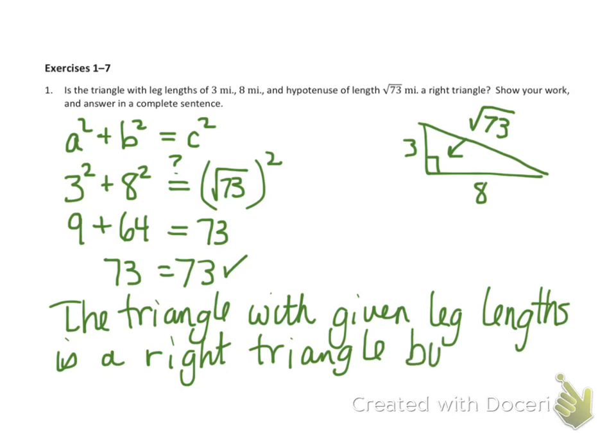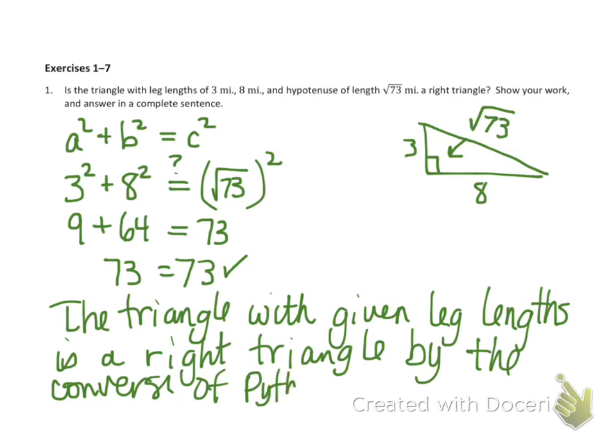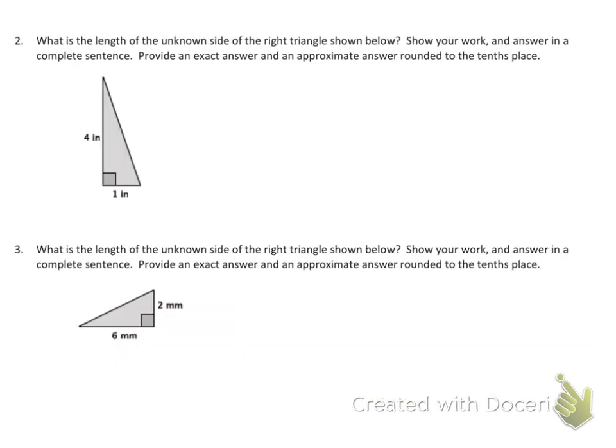And I could say, I know that by the converse of the Pythagorean theorem. Okay, so we didn't know how to write angle, but because we showed that a squared plus b squared was c squared, then we know it's a right triangle.